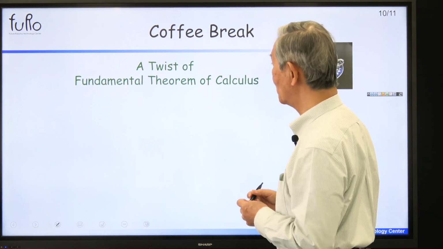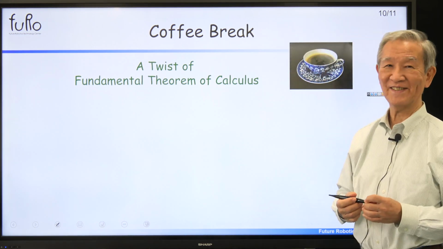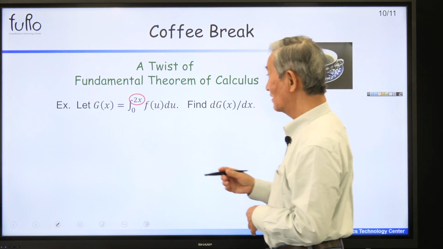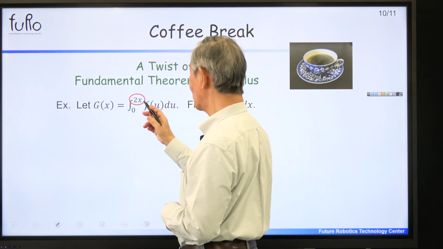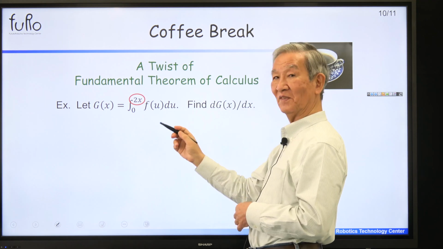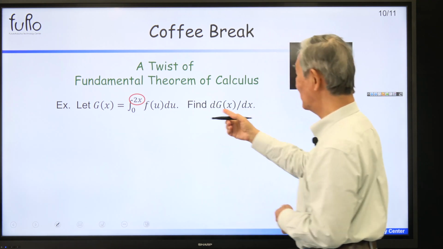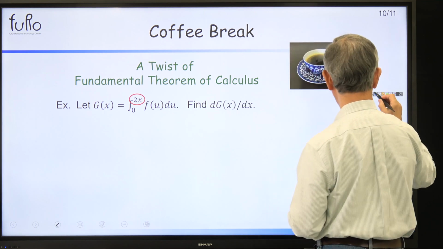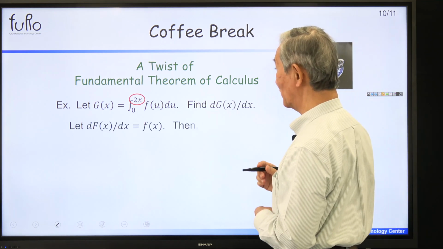Coffee break, a twist of the fundamental theorem of calculus. This is what I like. Okay, how about g(x) is equal to the integral from 0 to 2x of f(u) du, not x, okay? Find the derivative. Ooh, all right, how do you do it?